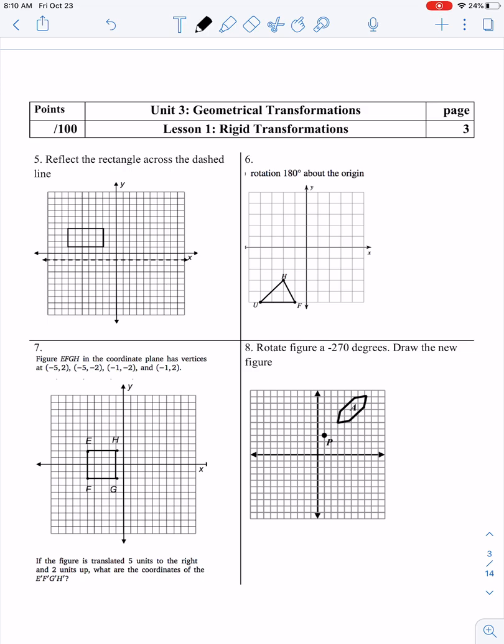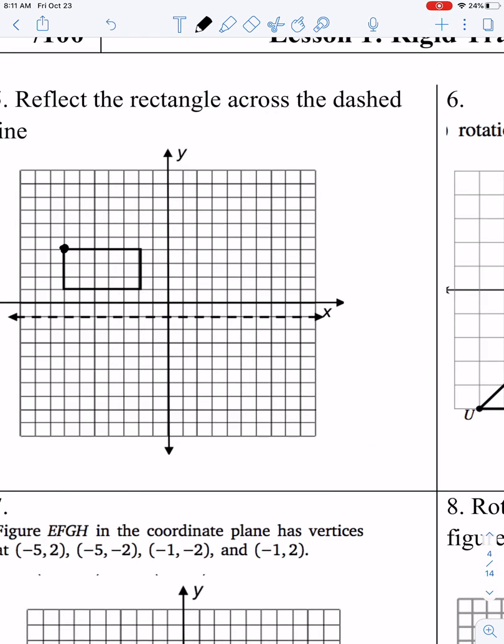What I want you to do is number 7, 8, 5, or 6, whichever of these involves translations, and then upload your answer to Canvas. If you can do 1 point, that's all I need you to do. So, for example, if you don't have points, it's okay to label them.